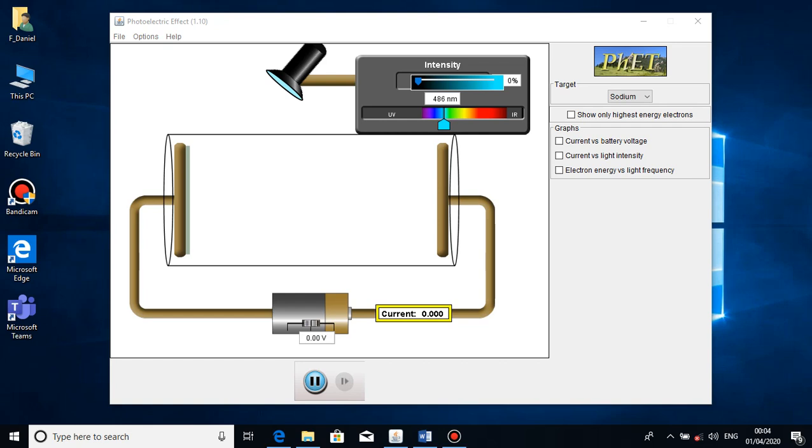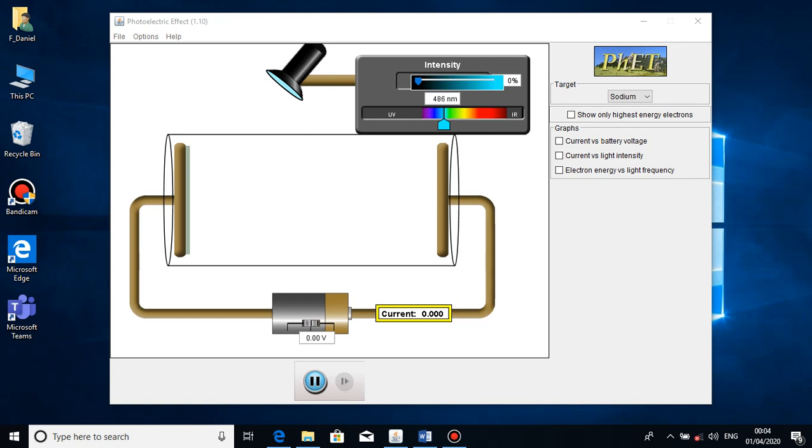We want to use light. Does light extract electrons? Maybe yes and maybe no, because light has energy. Since it has energy, then it can or cannot extract electrons. It can if its energy is enough, and if not, then electrons will not be extracted.